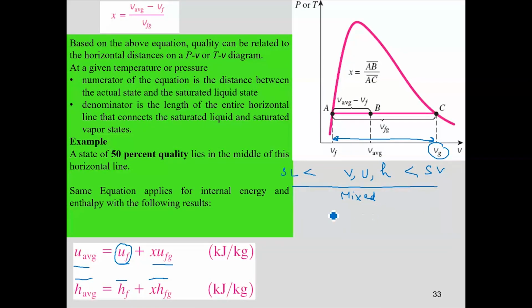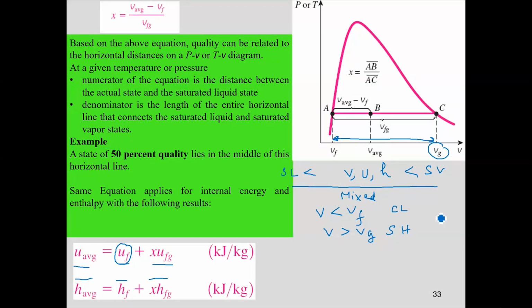And if my specific volume is less than Vf, I am in which region? It's a liquid phase. Very good. I am in compressed liquid region. And if it is greater than Vg, I am in superheated vapor region.